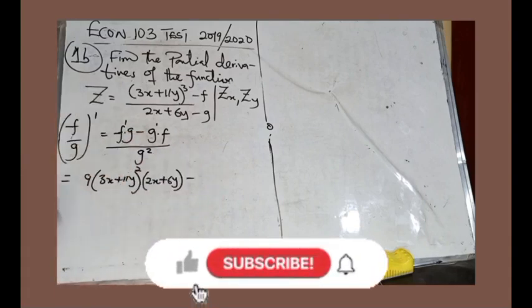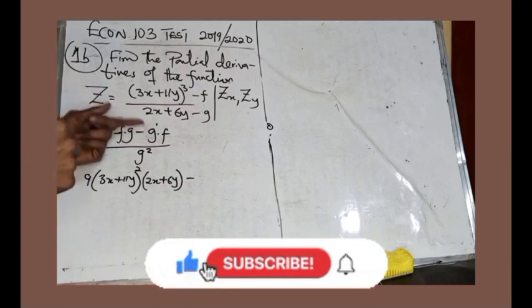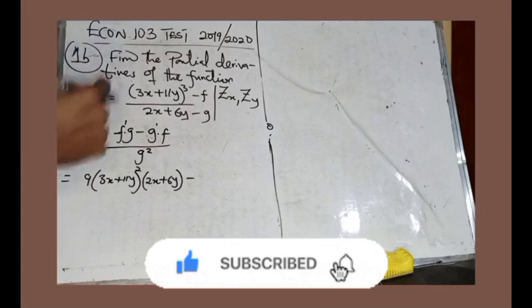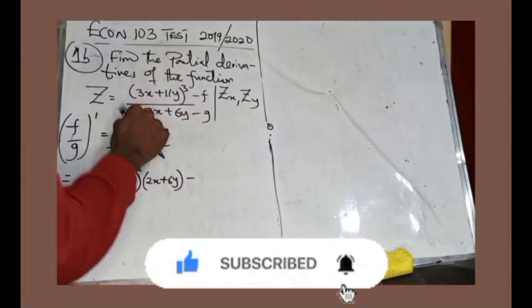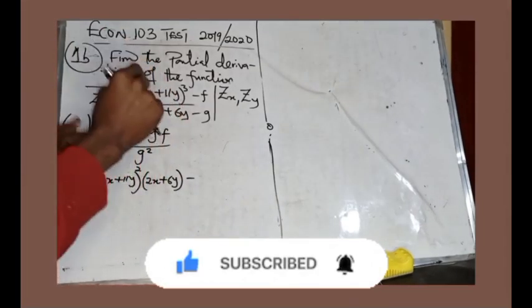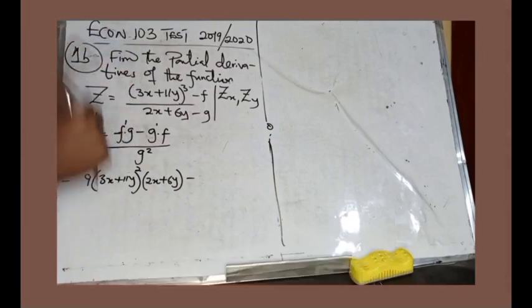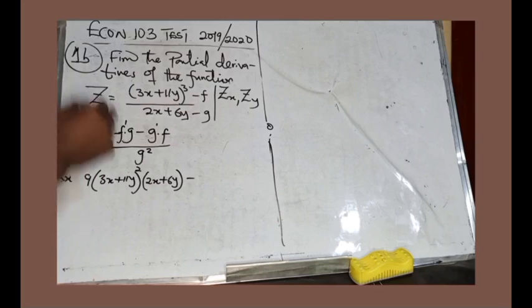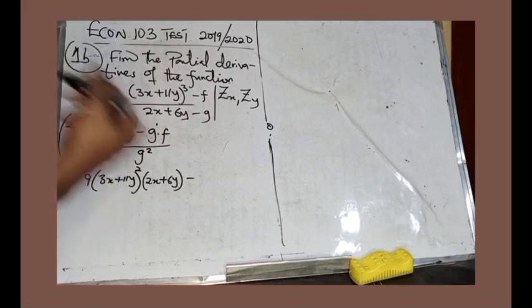Minus, now g prime. This means I should differentiate g. If I differentiate g with respect to x only, I want to differentiate 2x plus 6y with respect to x only. Remember, I'm working now with z subscript x, that is, with respect to x.